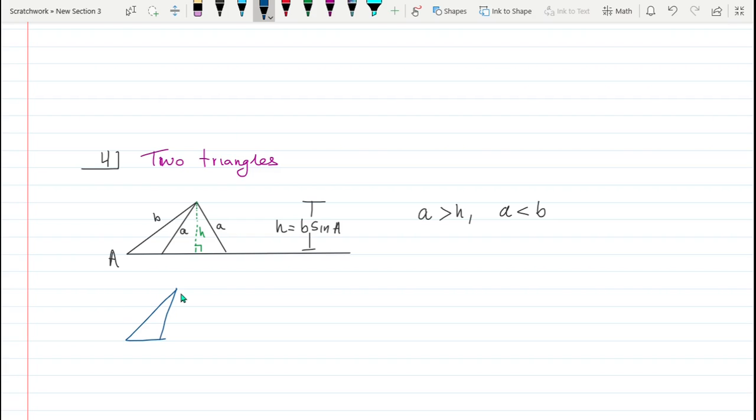And then the other one is going to be the one on the right side. So two triangles can come about, and we would have to give information for both of them. And notice that they share one side. This is the side that they share. So you would have a known length between those two already. So those are the four cases, right? One triangle, one right triangle, no triangle, and then two triangles. Okay?